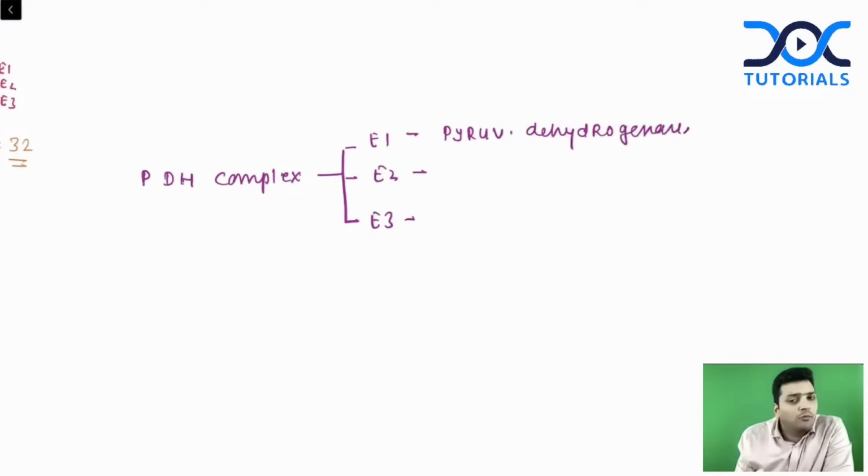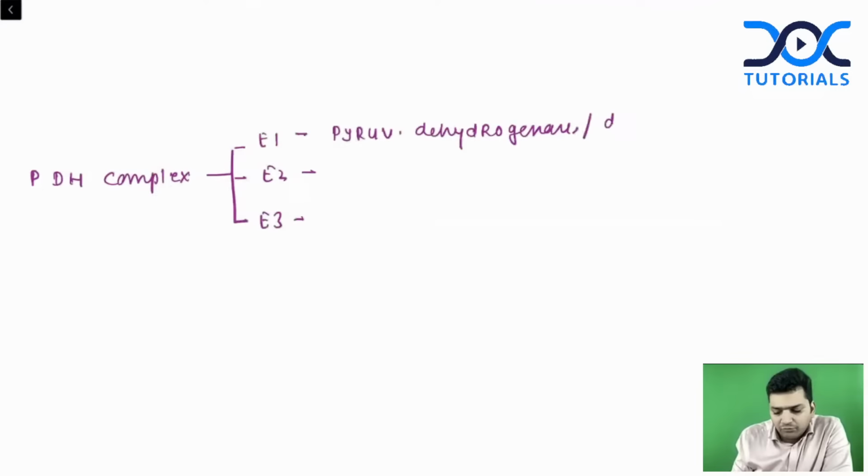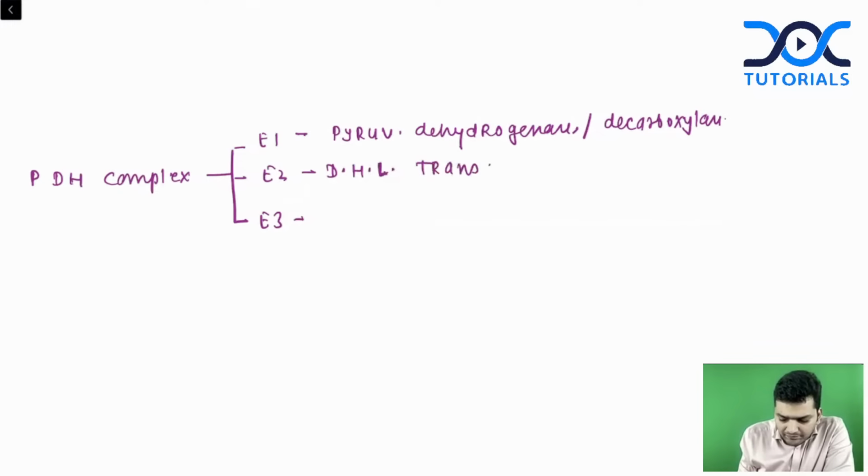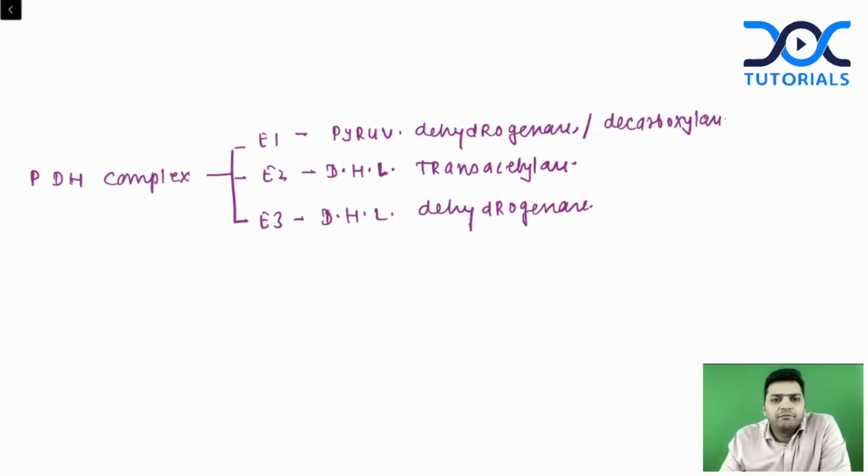Actually, it's a misnomer. The better name is decarboxylase. E1 is decarboxylase. E2 is dihydrolipoyl transacetylase. And E3 is dihydrolipoyl dehydrogenase. This is the E1, E2, E3.